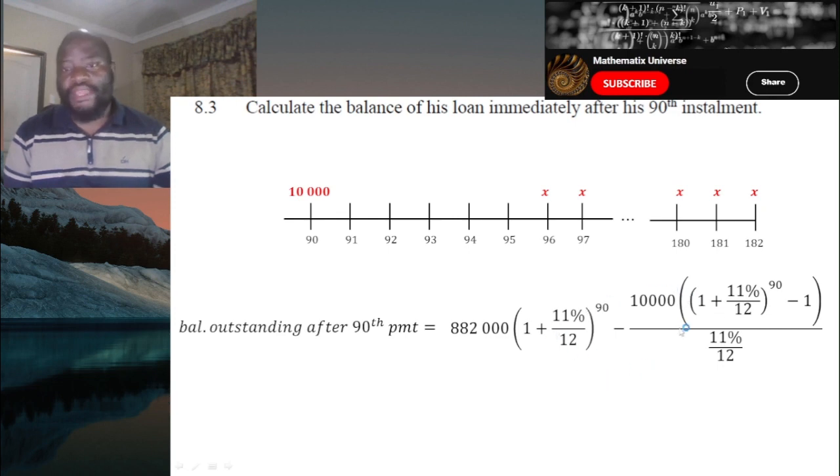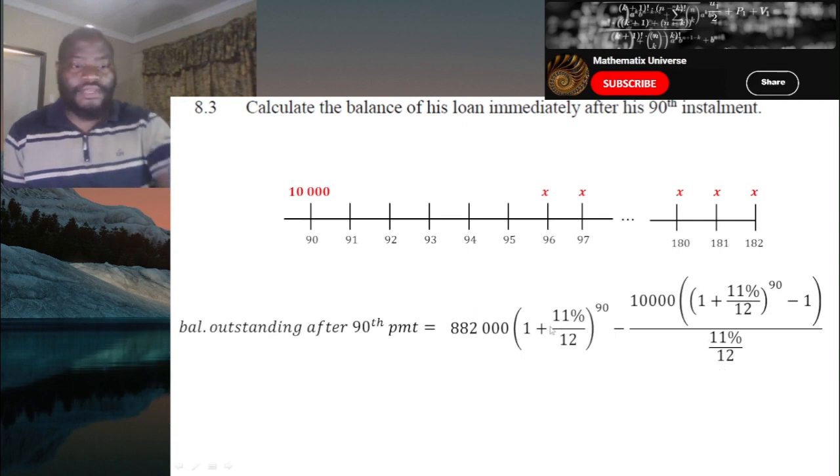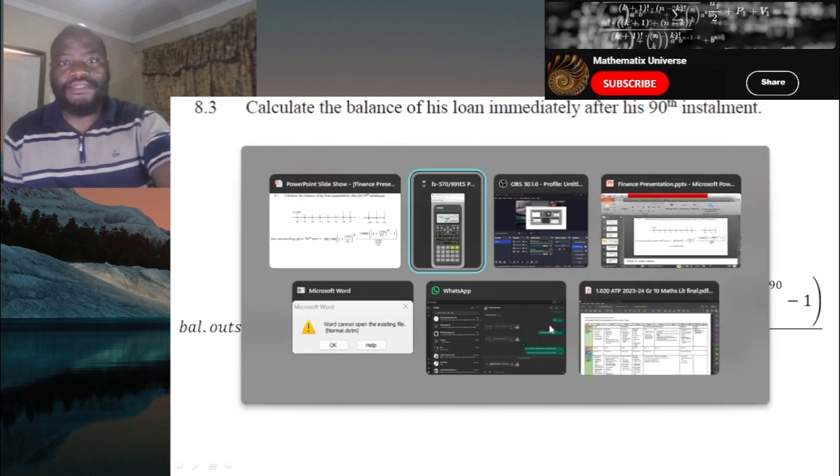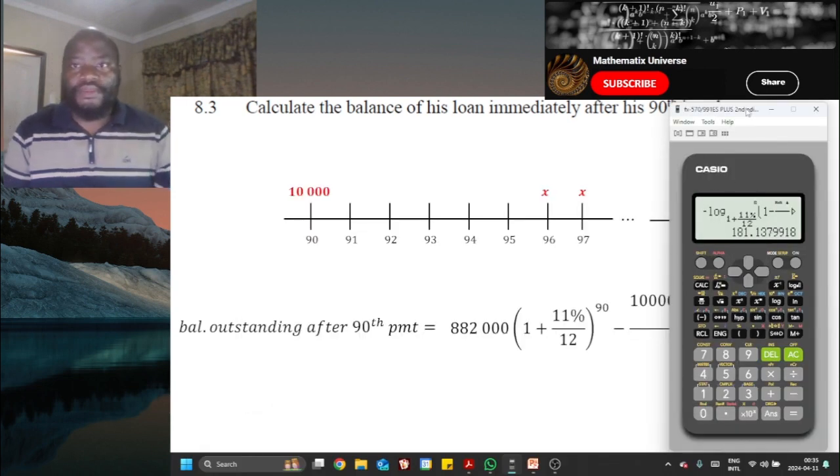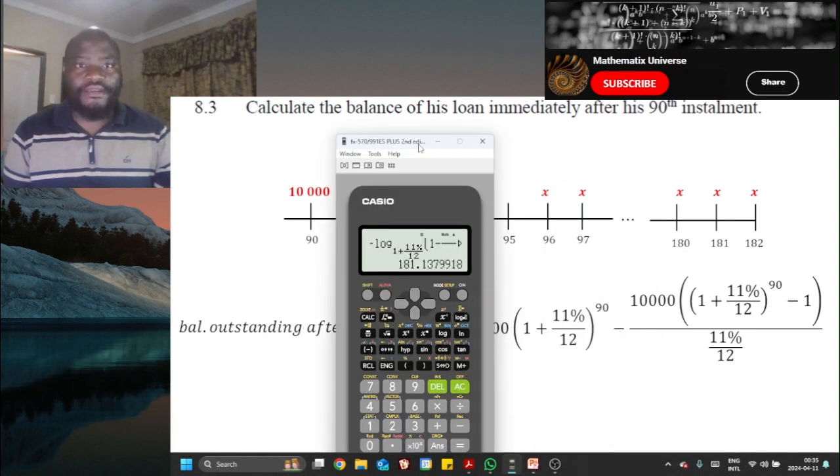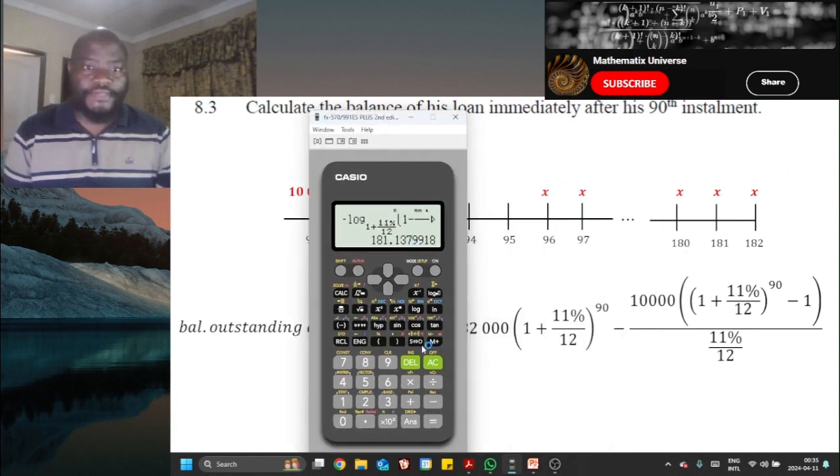There is the other way, but that's not always accurate when the amount that the person is paying into the account was not calculated by the formula, it was one he just chose. So this is the safer method to get to the answer. Okay, now let's go to the calculator and see how this is going to end up. Let me clear this up.